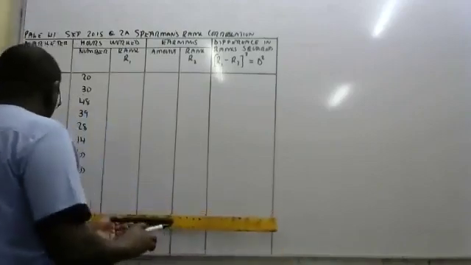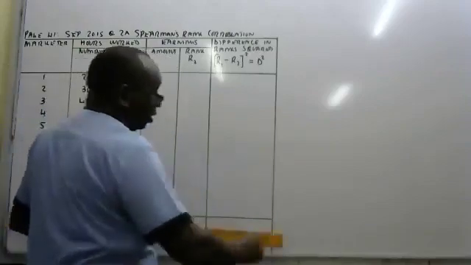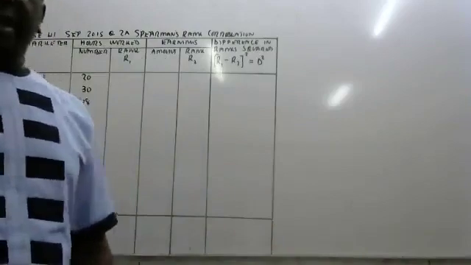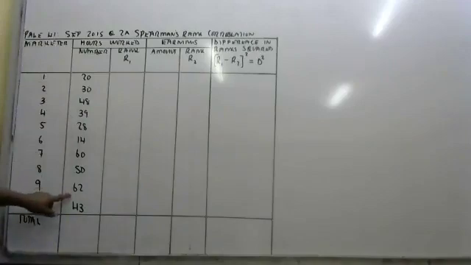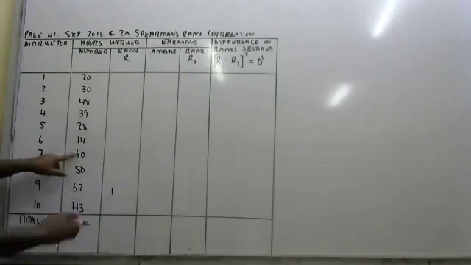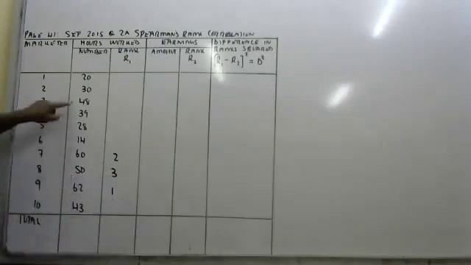So what happens? You rank these values from the highest to the lowest. In these values, the highest is 62. So that one I call number 1. It is followed by 60, I call it number 2. It is followed by 50, I call it number 3. It is followed by 48, number 4.